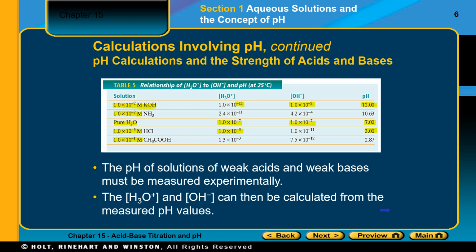If we put in the pH and solve for the hydronium ion concentration, we get this number right here, and then we can figure that one out. So for two of these, you'd have to actually use a meter to figure out the pH, because we can't calculate these amounts directly since they do not ionize completely. They're weak. This top one here is a weak base. The bottom one was a weak acid.